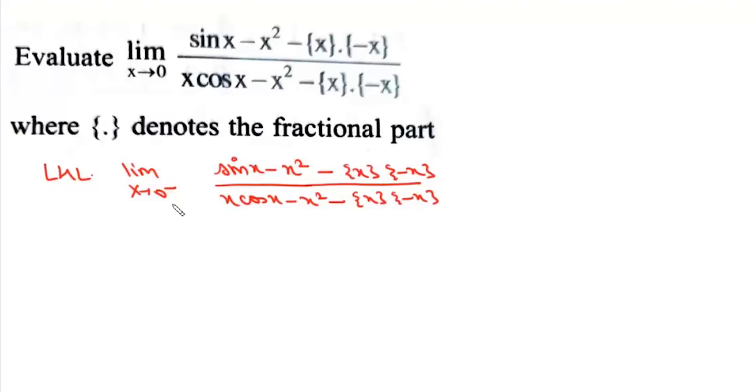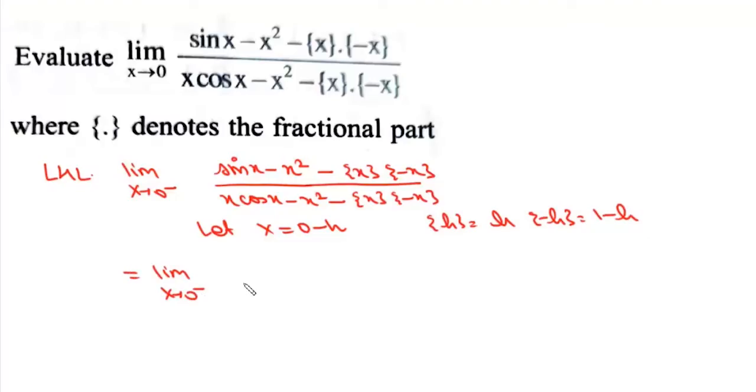Now, when x tends to 0 negative, we let x as 0 minus h, and we know that the fractional part of h is h and the fractional part of minus h is 1 minus h. So it will be this limit x tends to 0 negative.